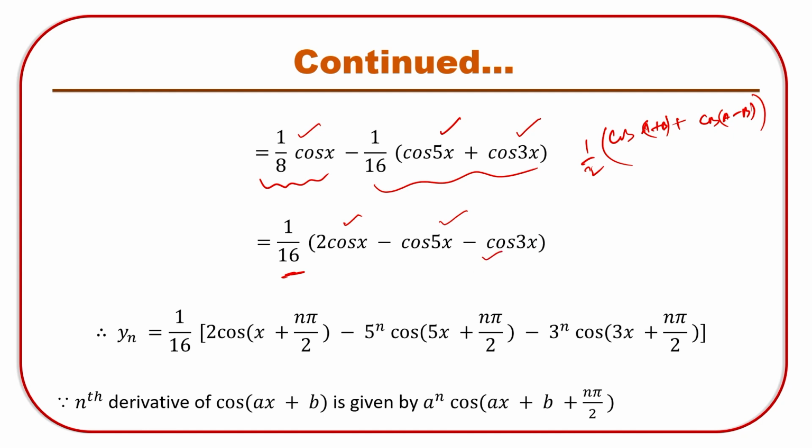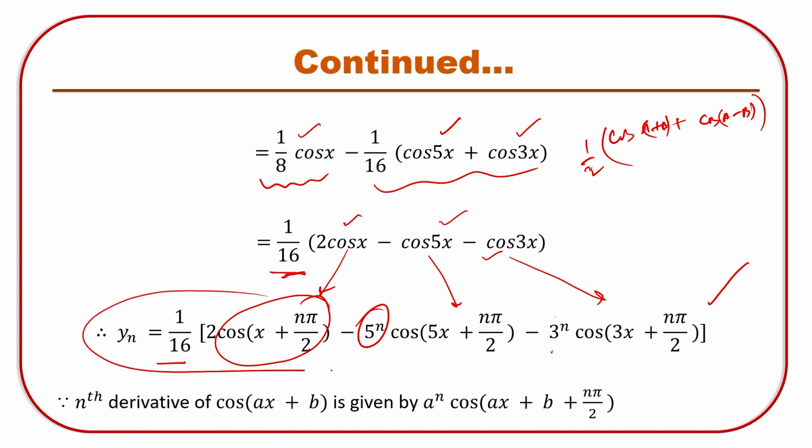Now, we know the nth derivative of cos x, cos 5x, cos 3x, right. So, this will become 1 by 16 as a common factor, and this is 2 into cos of x plus n pi by 2, the nth derivative of this function. The nth derivative of the next function is 5 power n into cos of 5x plus n pi by 2. Similarly, this one becomes 3 power n into cos 3x plus n pi by 2.